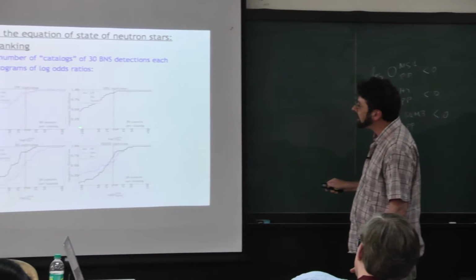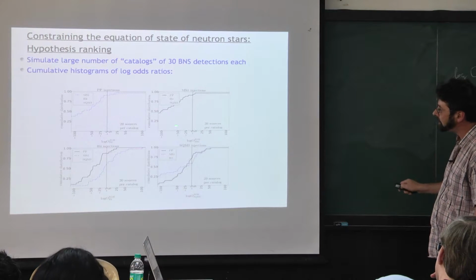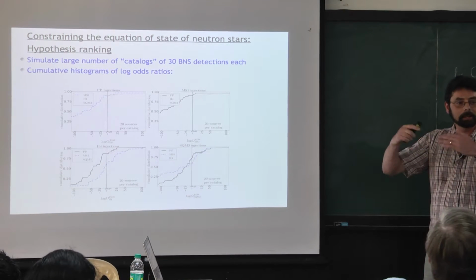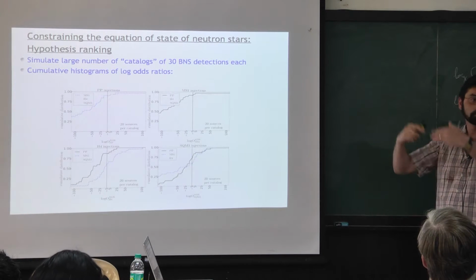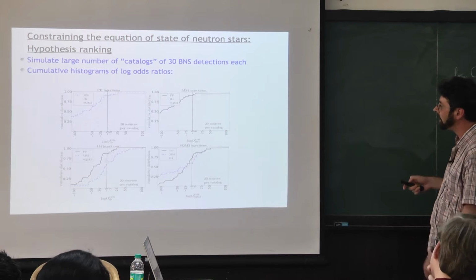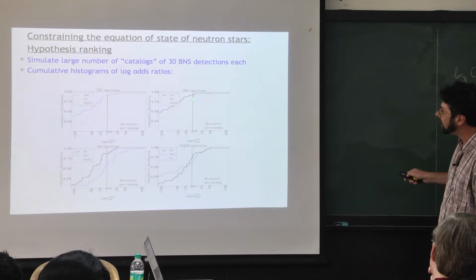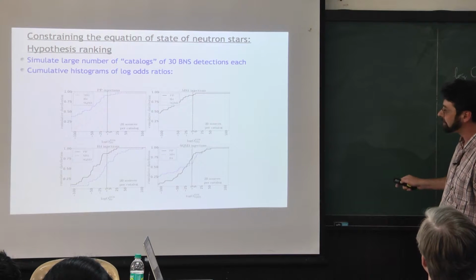The least deprecated is the intermediate equation of state, because it allows for large-ish radii and is therefore closer to the true equation of state, which allows for the largest radii. And in between this time is the soft equation of state, SQM3.